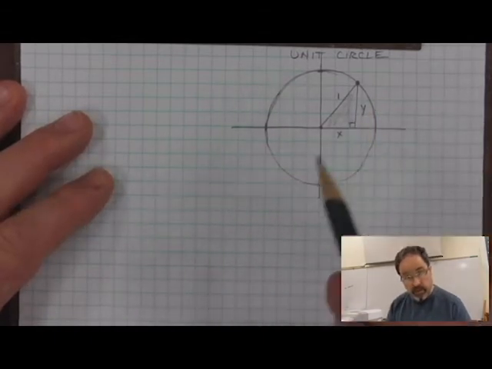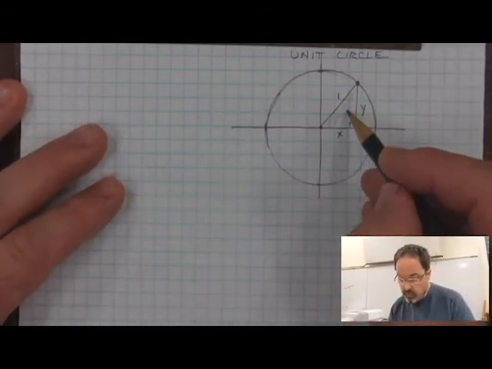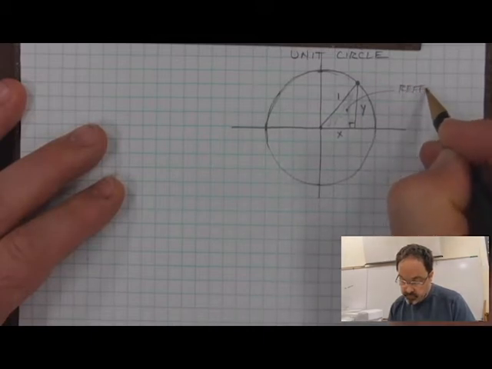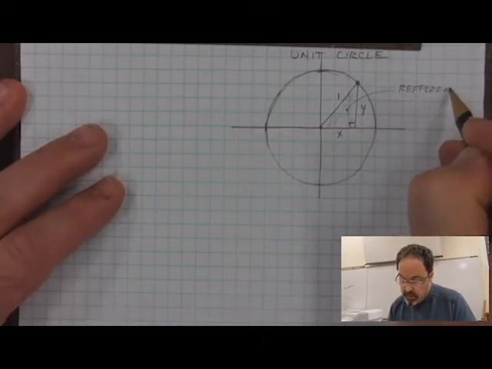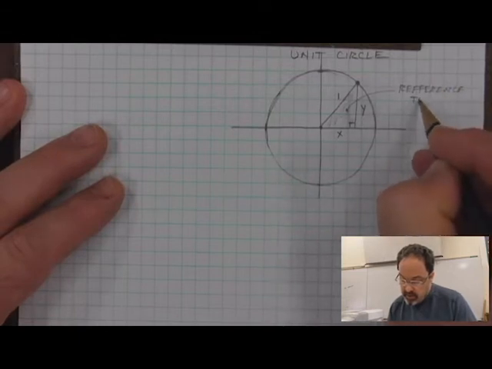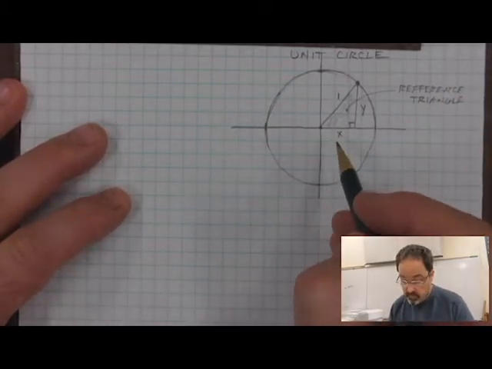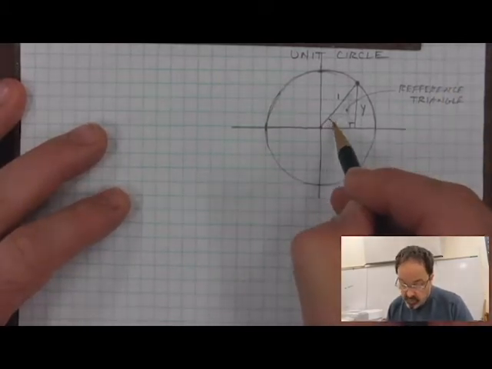Triangles created in this manner are called reference triangles. And the angle inside of the reference triangle is called the reference angle.